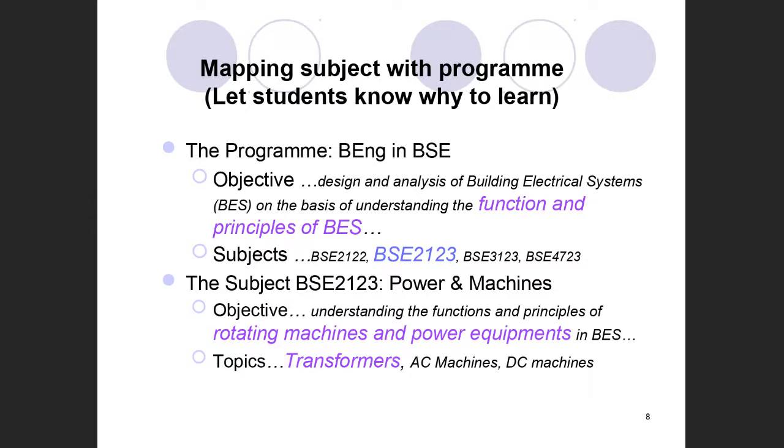Based on these objectives of the programs, we arranged several subjects. The typical electric subjects here are BSE 21-22, BSE 21-23, BSE 31-23, and the final year subjects, research projects, 47-23.